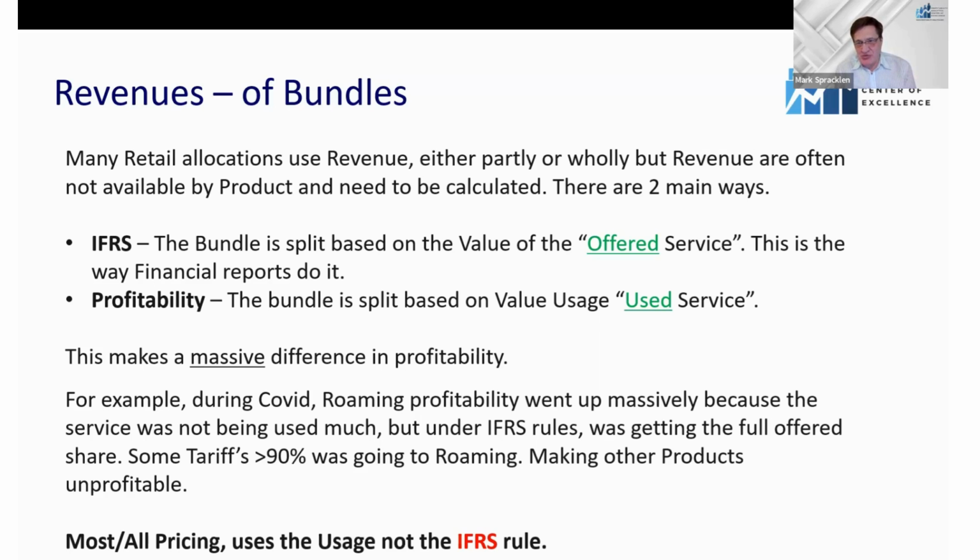This is financial statutory rules, not regulatory, sorry, under the IFRS rules that you have to do this. The problem is that you don't necessarily manufacture that 10 gigabytes of data. If the customer only uses 1 gigabyte of data, so they're only buying one, under the IFRS rules, you have to give them 10 gigabytes of revenue.